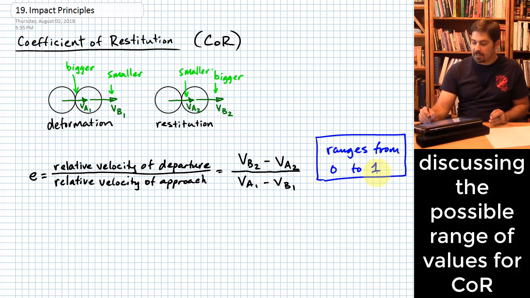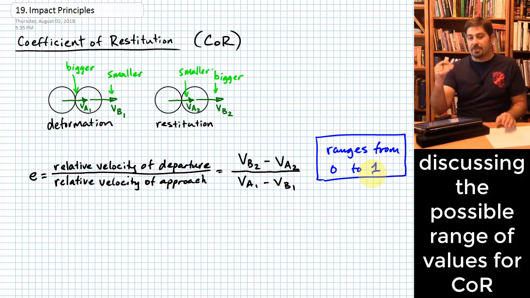That's a perfectly elastic collision. There are no material pairs that give all the way to 1. There are some materials that do give high numbers, 0.9 and higher, but you can't ever get to 1 because there will always be some energy lost in one of these impact kind of things.